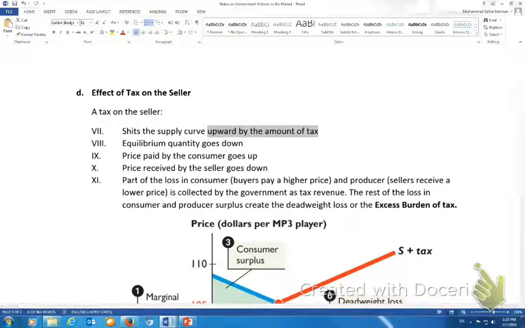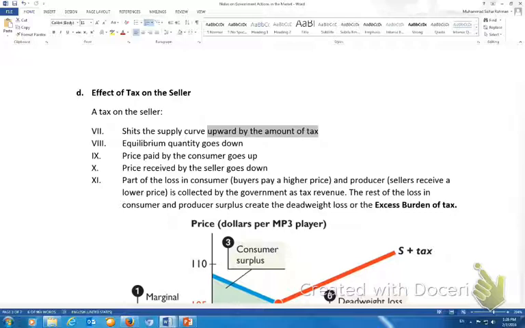Because a seller has to pay this tax for every unit of production they make. We have learned before that whenever the cost of production increases, the supply curve shifts to the left or shifts up. And that's exactly what is going to happen. Our supply curve is going to shift upward by the amount of tax, then this will cause equilibrium quantities to go down. The price paid by the consumer will go up, and unfortunately the price received by the producer goes down.